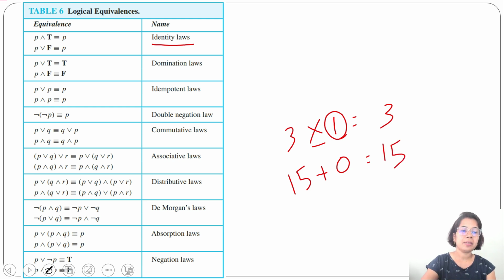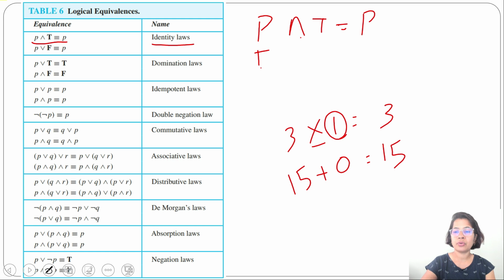Like here, any propositional variable and true will be the same propositional variable. So P and true will be the same P. If P value is true, then true and true will be true. If P value is false, false and true will be false. In case of and, true and true is true, the rest are false.